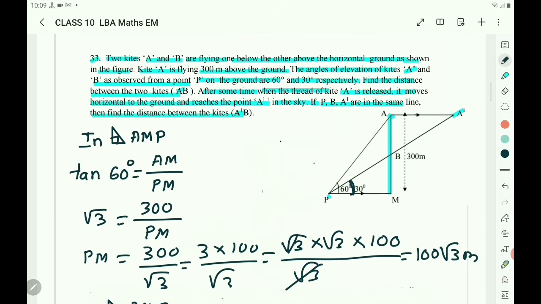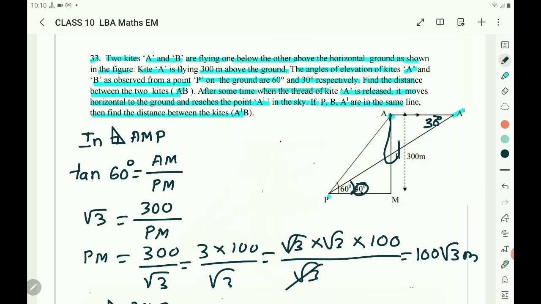Now to find A dash B, here angle AA dash B is equals to angle BPM, as these two angles are alternate angles because AA dash is parallel to PM. AA dash is parallel to the ground, therefore as this angle is 30 degree, this is also 30 degree.